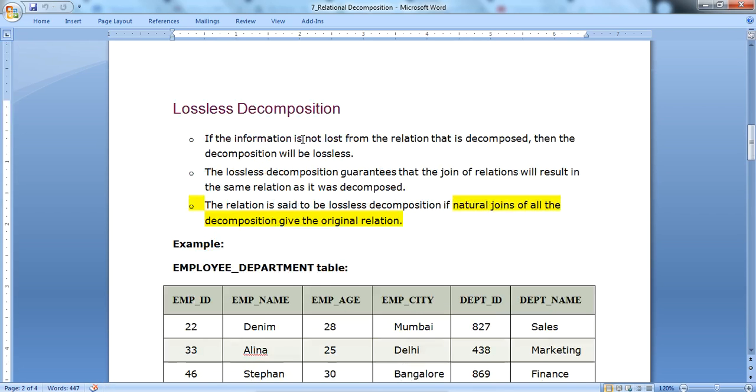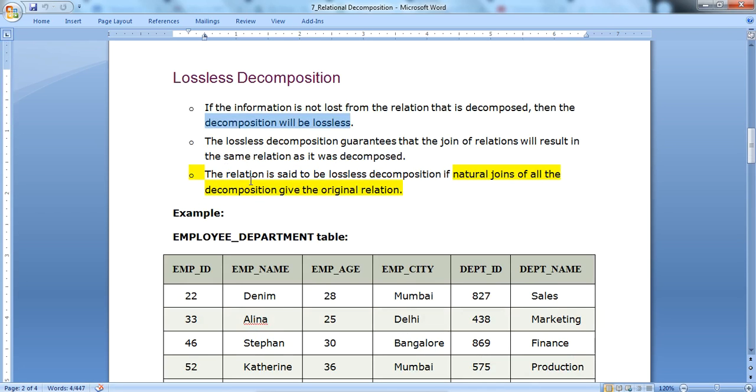Lossless decomposition means what? If information is not lost from the relation that is decomposed, then the decomposition is lossless. It means when we divide one table into two tables and our basic information remains proper, not lost, then we can say that decomposition is lossless.